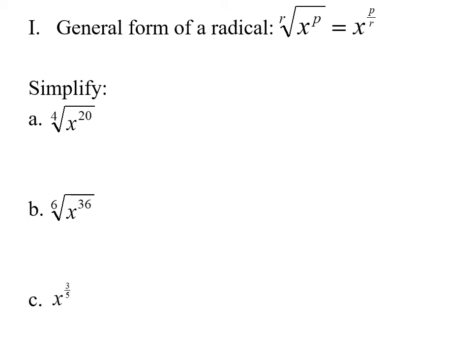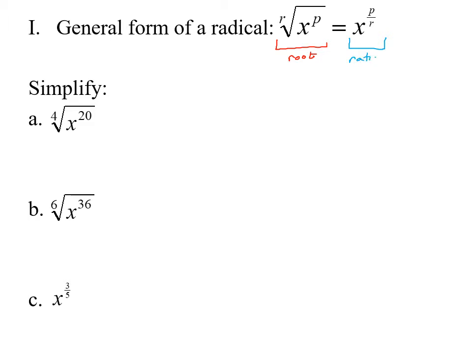So in general, we can change a radical from the root look, which would be this first one up here on the top. This would be written as a root, whether it's a square root or a cube root or a fourth root or whatever. And we can change that to be a rational power.